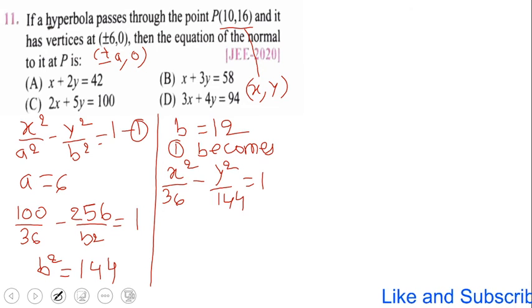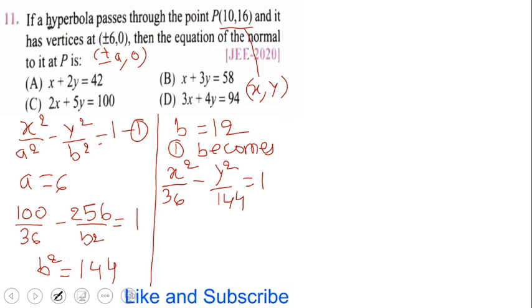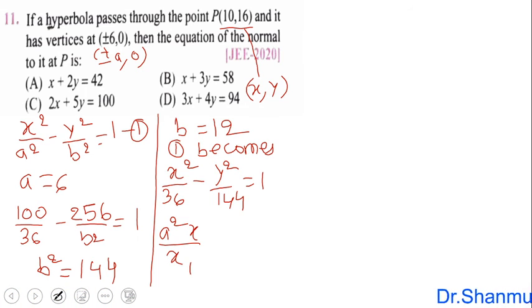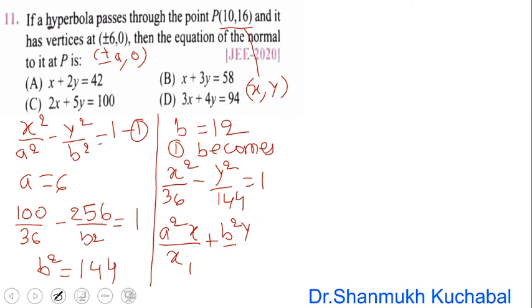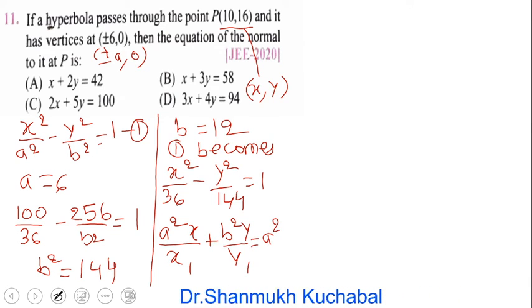Then we'll take the equation of a normal, and using that we'll verify which of the following is correct. The equation of a normal is a square x by x1 plus b square y by y1 equal to a square plus b square.